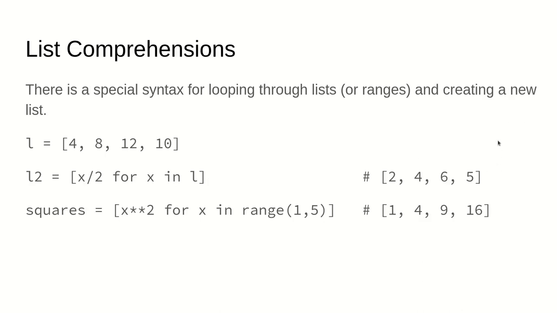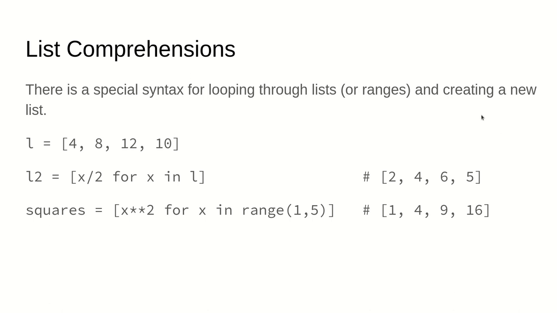Another very powerful thing that you can do in Python that might otherwise take large numbers of for loops and if statements is list comprehensions. You can think of them as a one-line for loop through a list that always creates a new list as its result.